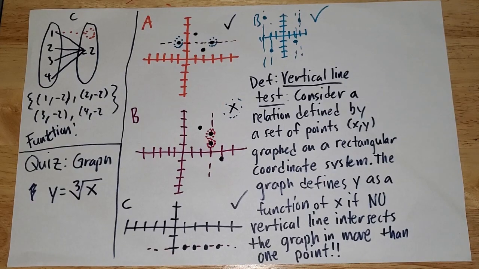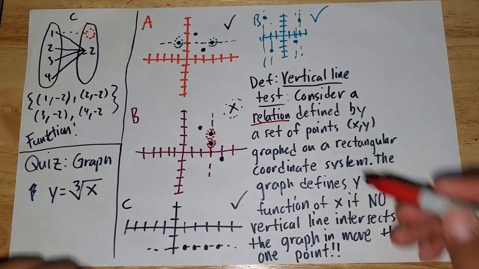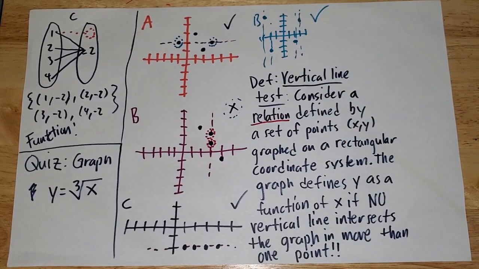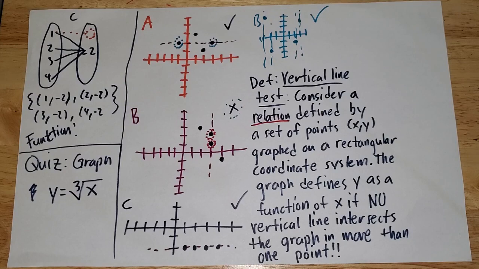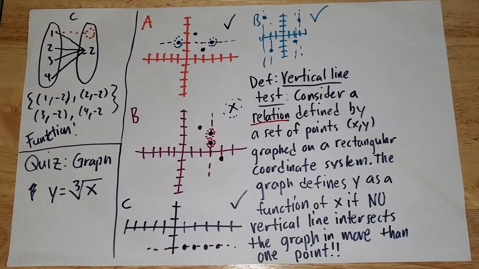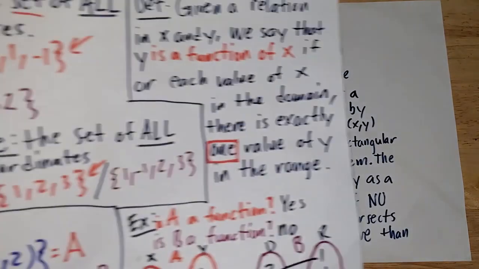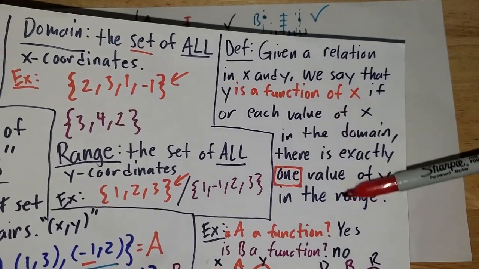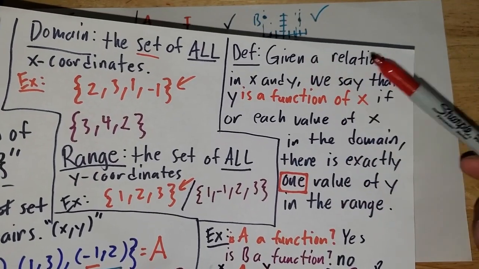So again, it says consider a relation. It's going based off the definition of a function, starting off the same way because this vertical line test is testing if a relation is a function. That's literally what it's going off, given a relation.